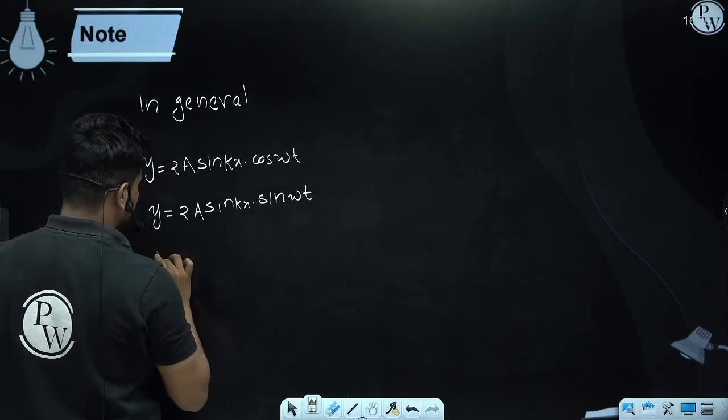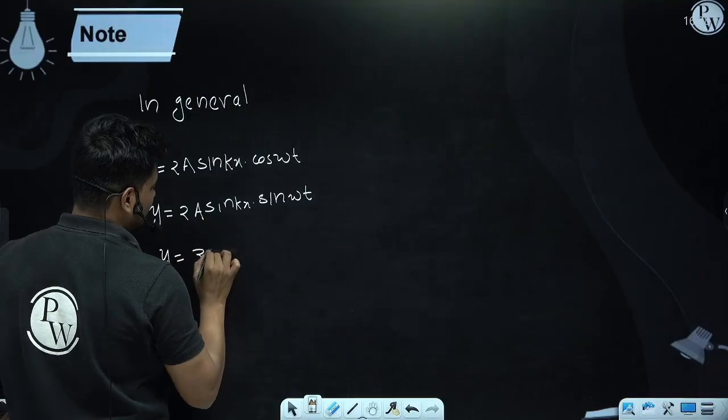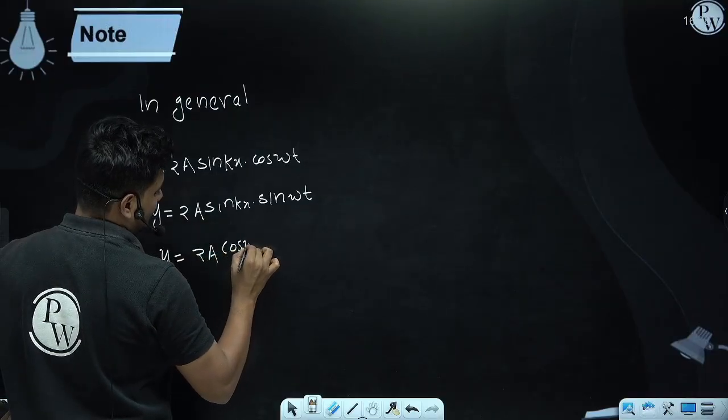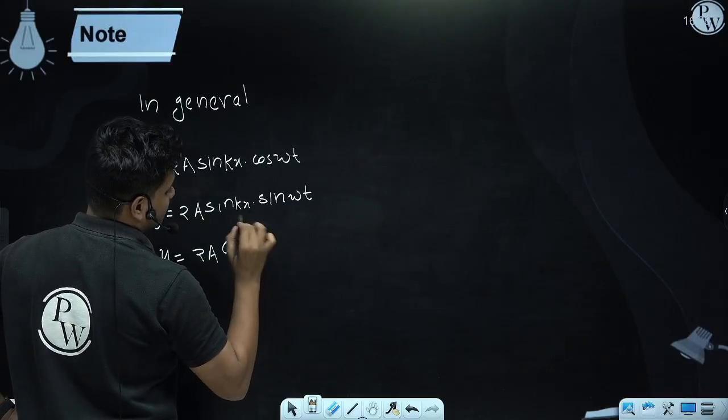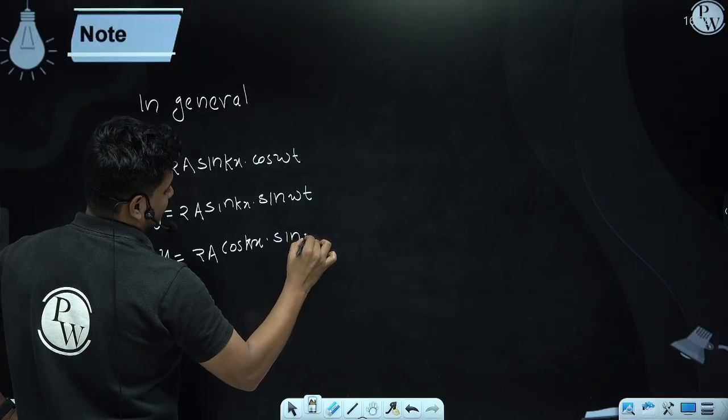The next possibility is 2a cos kx into sin omega t.